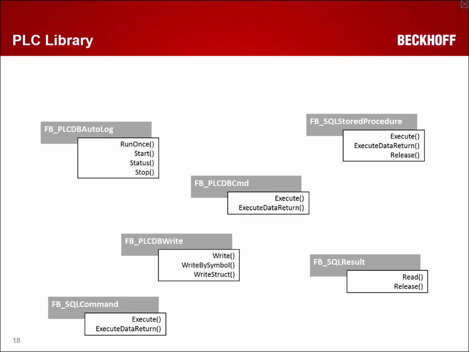So we have, for example, this AutoLog group function block with special methods for the configure mode that I showed you now. So we can not only start and stop these AutoLog groups in the configurator, we can also start and stop these groups from the PLC.